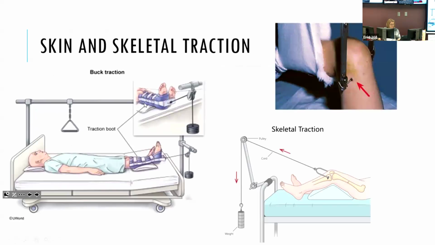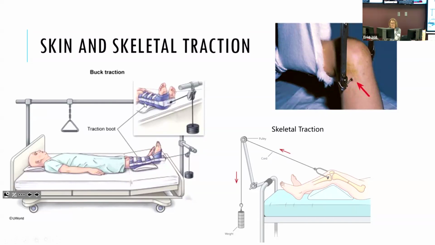So this is traction. Over here on the patient laying in the bed, you can see his full body. That would be Buck's traction, the skin traction. They wear this boot, you can see on his foot, and it connects to the wires.